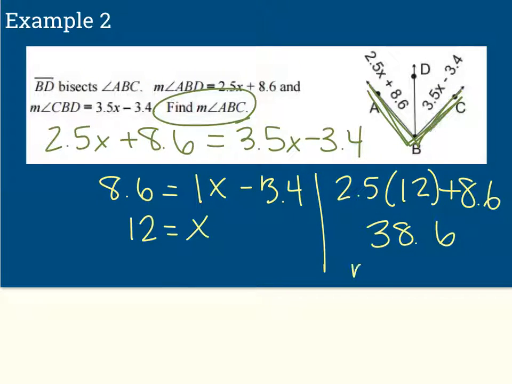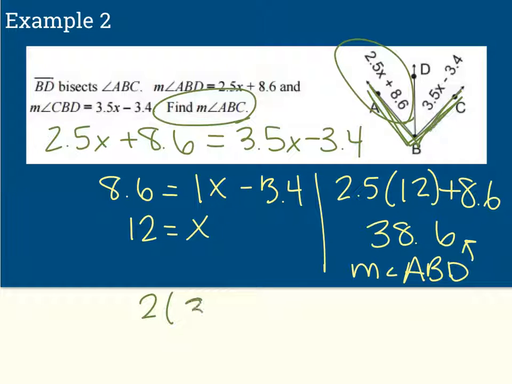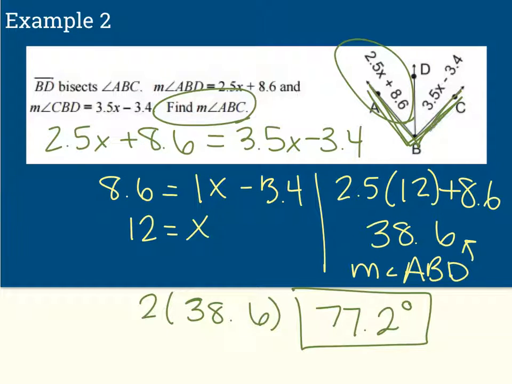So the measure of angle ABD is equal to 38.6, which is great, except they want the total angle. Knowing that this is just 1/2 of the total angle, all we have to do is double 38.6, and we get 77.2 degrees would be our angle ABC.